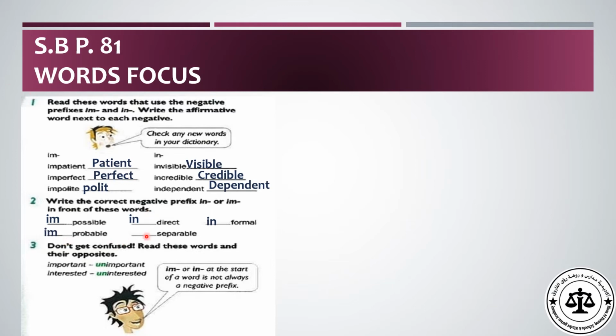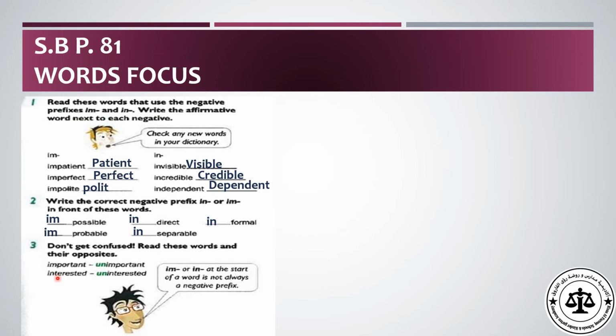Suburban, yes, insuburban. Here we have a note. Don't get confused. Read these words and their opposites. Important, unimportant. Interested, uninterested. Here we have m and n لكنهم من أصل الكلمة.